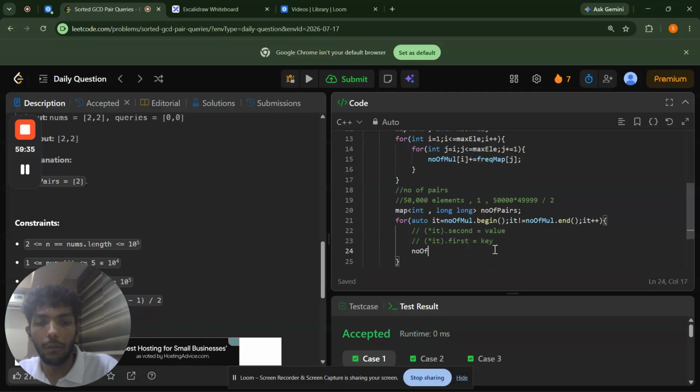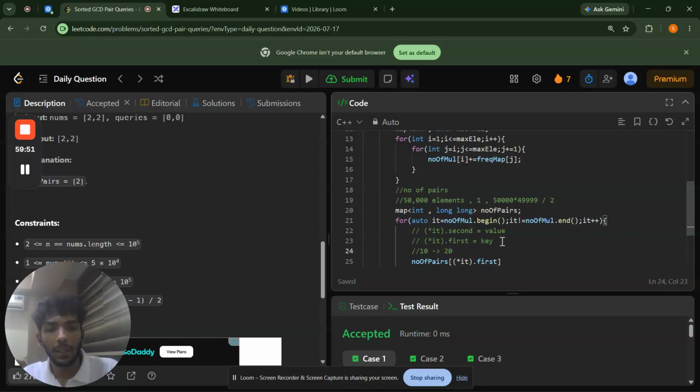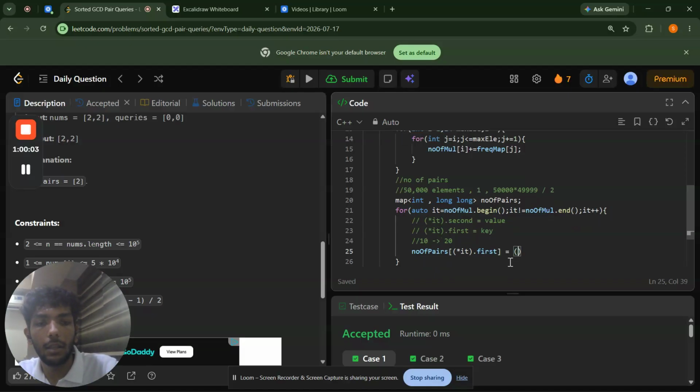So number of pairs, whose is this one? Suppose 10 has 20 multiples. So for 10, we will store here the number of pairs for 10. 10 is the key, and we get the key through star it dot first. 20 is the value, 20 is the n.